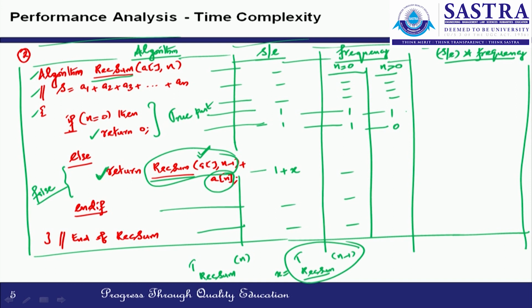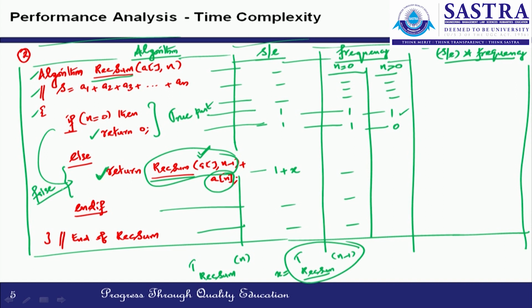Now, control goes to execute the else part: return recursive sum of a array comma n minus 1 plus a of n. When n is greater than 0, the condition is tested and is false, so frequency 1 is associated here. Return 0 is not executed, so its frequency is 0, and control goes to execute the false block.